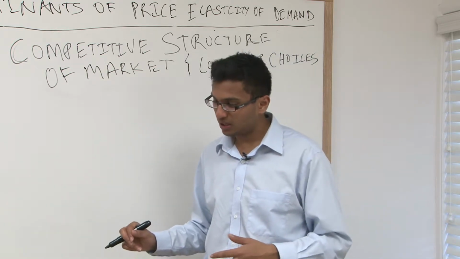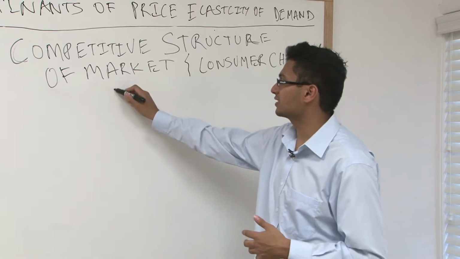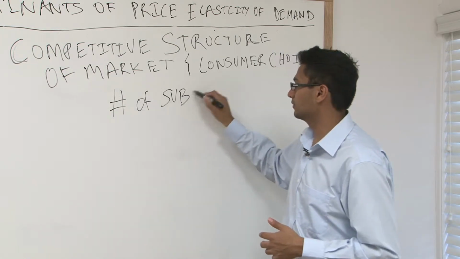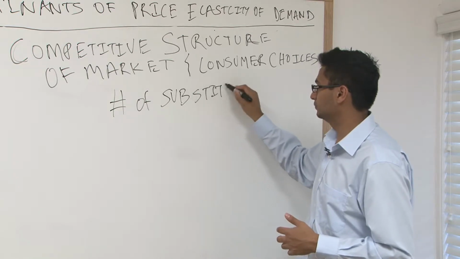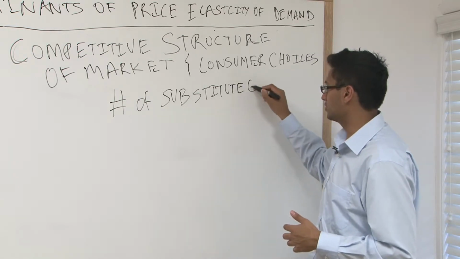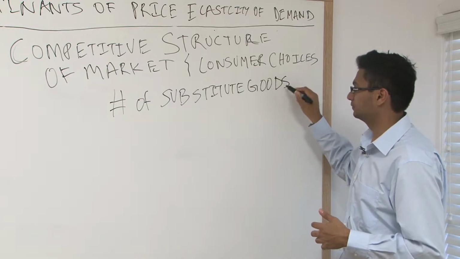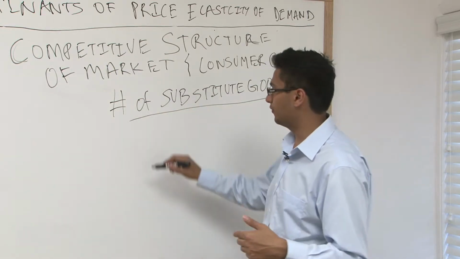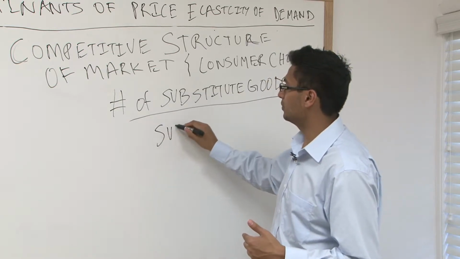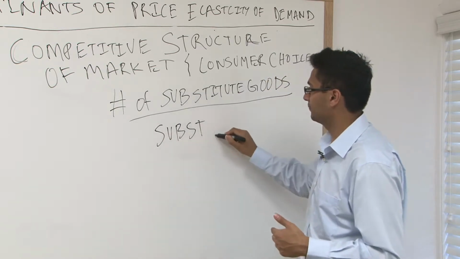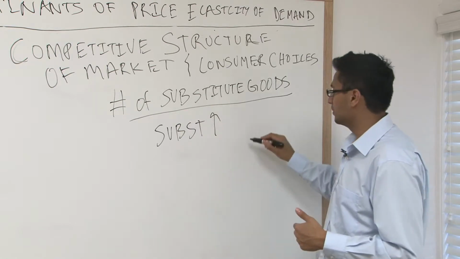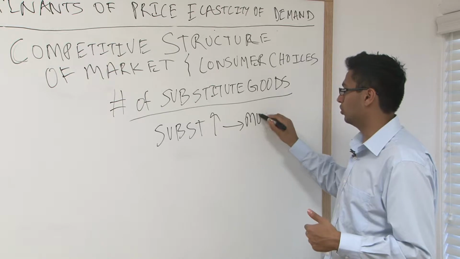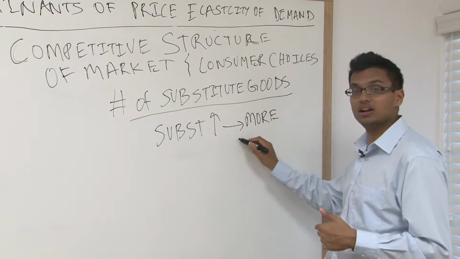And so this one, competitive structure of the market, discusses the number of substitute goods, okay? And then as I said before, the higher the number of substitute goods, the more elastic something is.